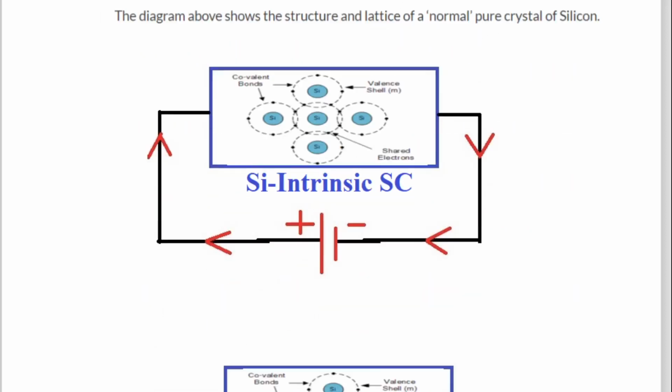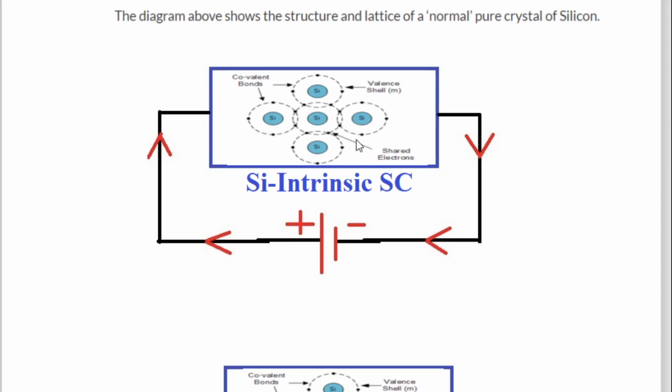Now when you take a semiconductor material and apply electric energy, that is voltage, what happens? When you take a semiconductor material, silicon, this silicon atom is sharing its electrons with the 4 neighbors, and due to sharing of electrons with 4 neighbors, a covalent bond is formed.